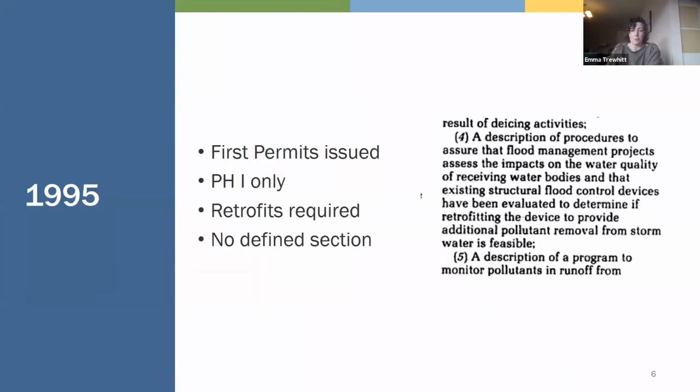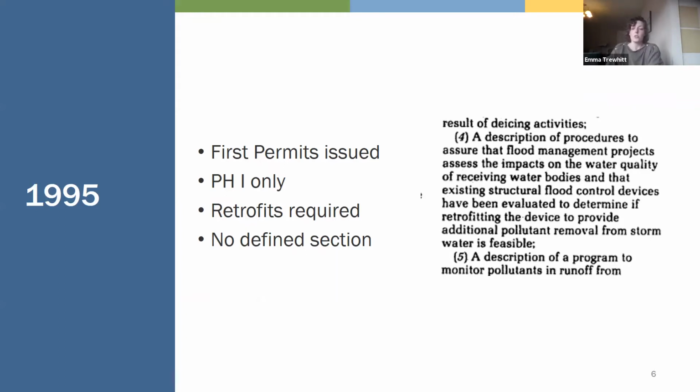Those 1995 permits were just phase 1 permits. Those were issued to municipalities serving populations over 250,000 in unincorporated counties, and then medium populations over 100,000 in incorporated cities. So just the most populated areas of the state.